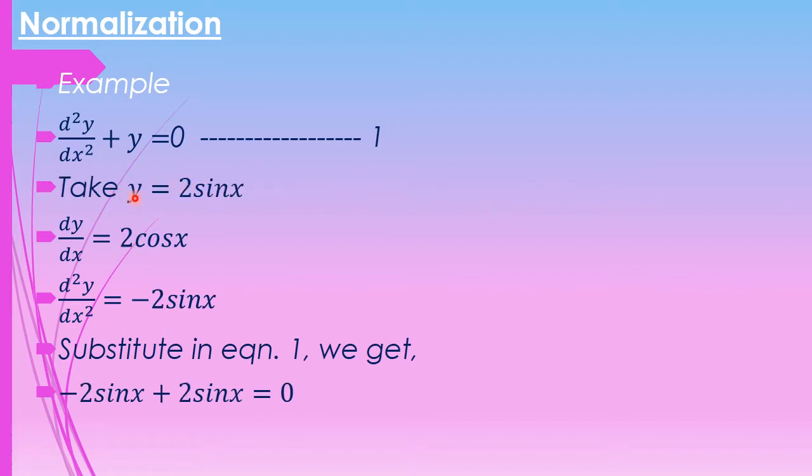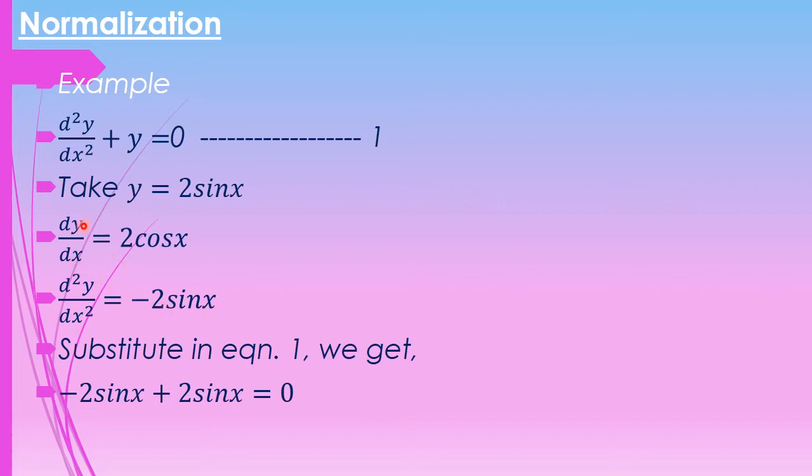See here, y is equal to 2 sin x. Here I am multiplying the 2 with sin x. If I differentiate this y with respect to x, I get 2 cos x. Once again I differentiate, I get minus 2 sin x.